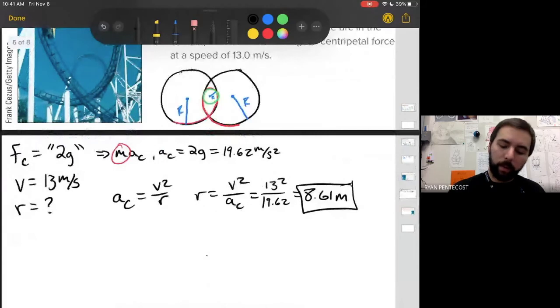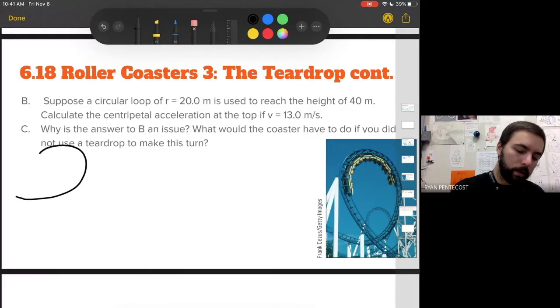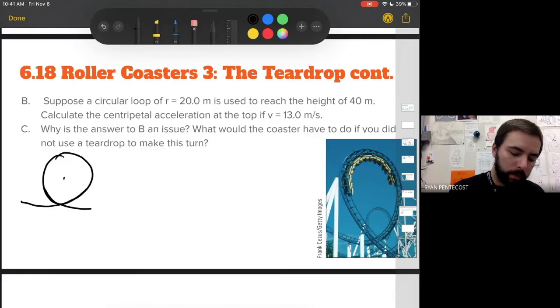Now we've got a couple problems coming up to continue this. So, teardrop continued. Suppose a circular loop of radius 20 meters. Let's just draw a circle. There we go, a little bit easier. So we've got a radius right there of 20 meters, reaches a height of 40 meters.